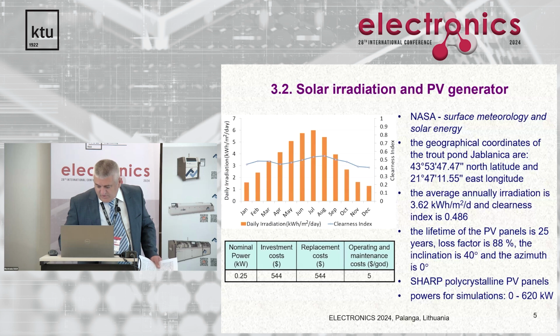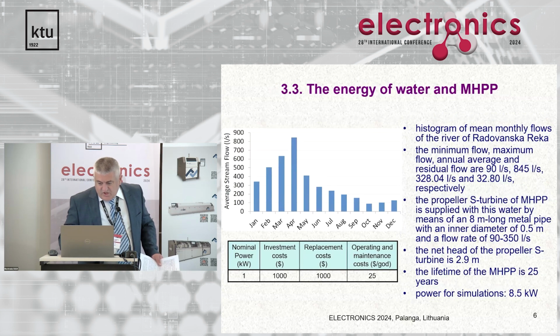The energy of water and micro hydropower plants is a little one, situated on Radovanska Reka. Some details about flow in this river, and some monthly average and residual flows are given on the right side of this slide.